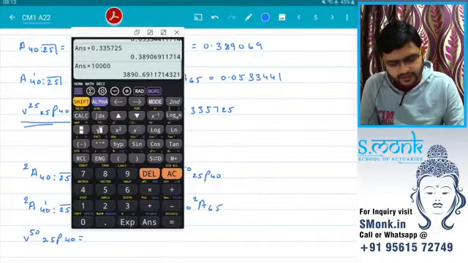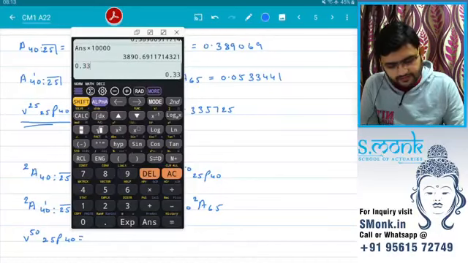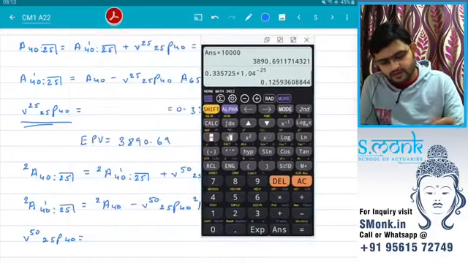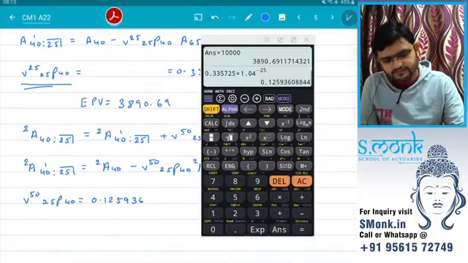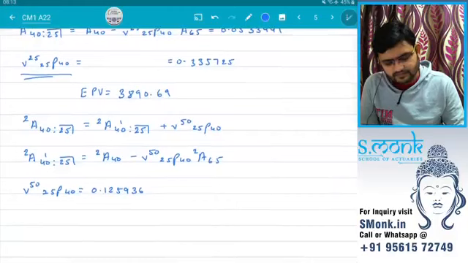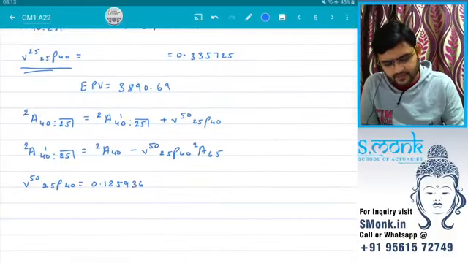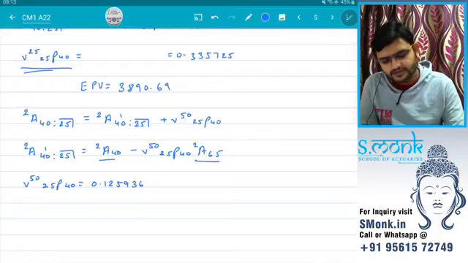So I have 0.335725 into 1.04 raised to another minus 25. We'll get 0.125936. Let's calculate this.